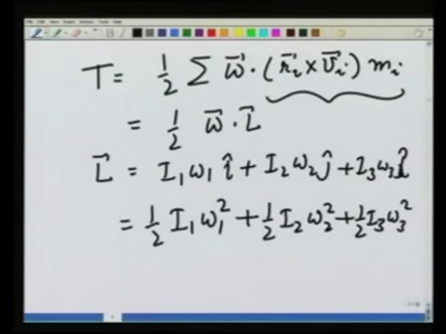So, you see, if I work with the principal axes of the rotating body, my expressions become simple. Added complication is that now the principal axes themselves are rotating with the body. So, we have to now look at how to handle this.